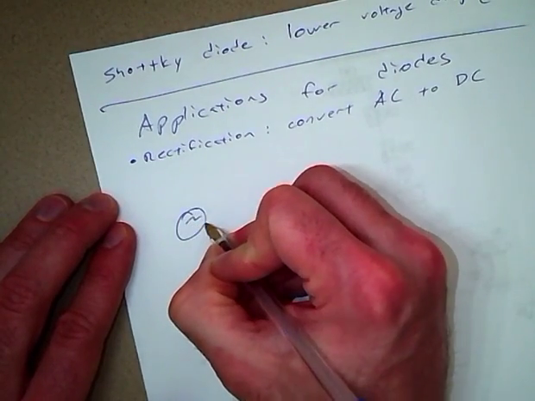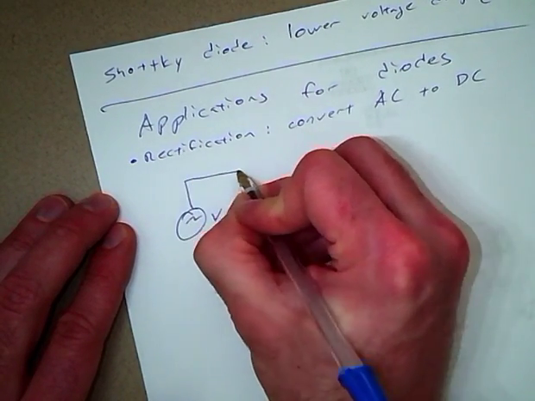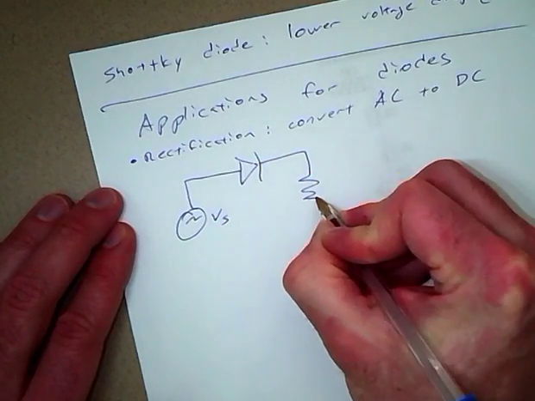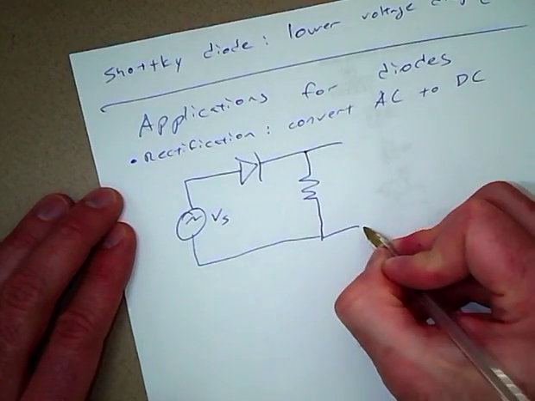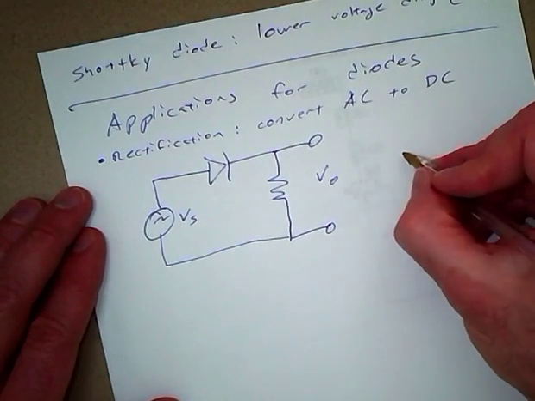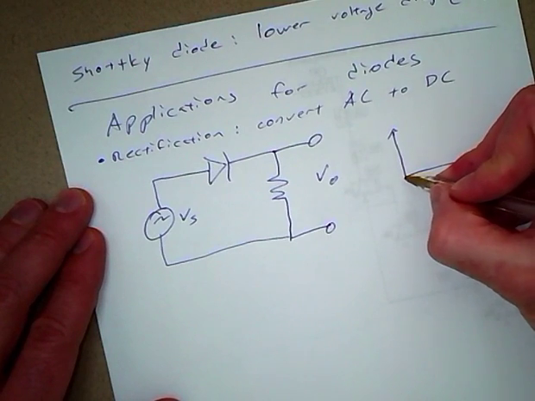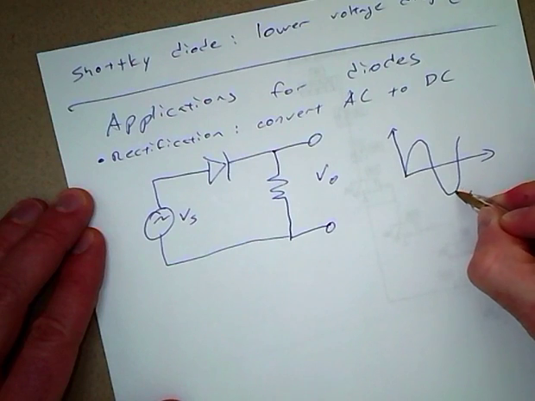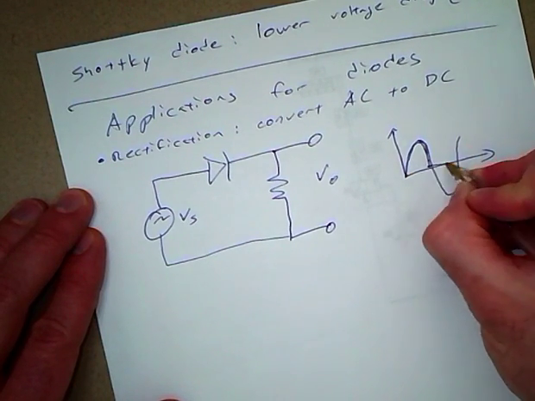So for example, we have this AC voltage source. If we had a diode in series with a resistor, then our voltage here, we'll call it V out. So here's Vs, be sinusoidal. And then V out is just the top half of that waveform.